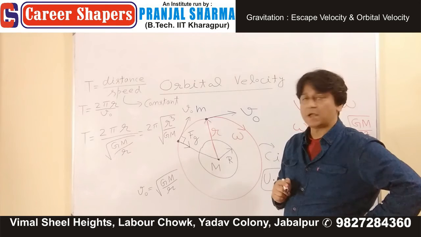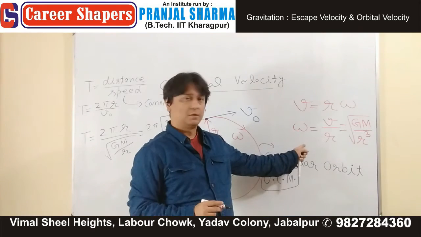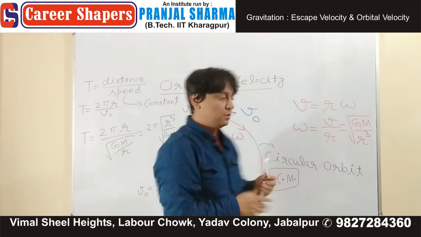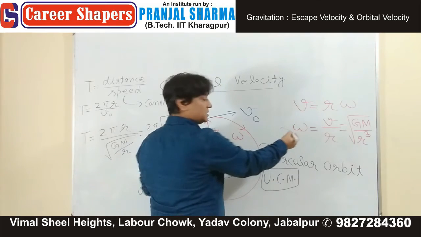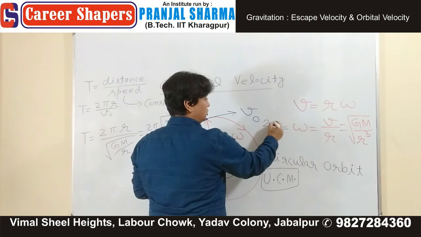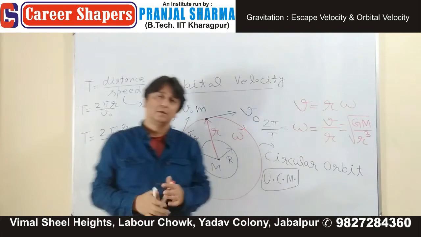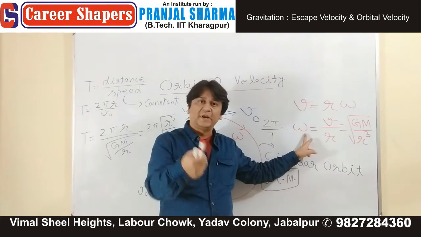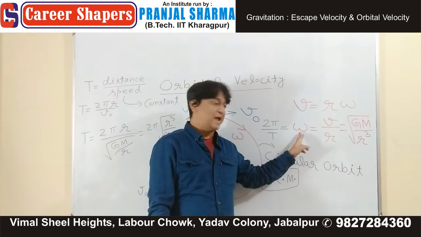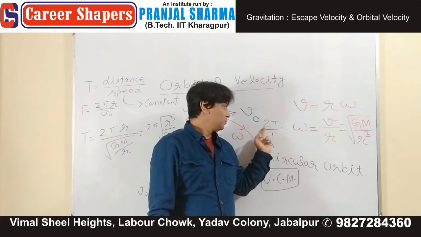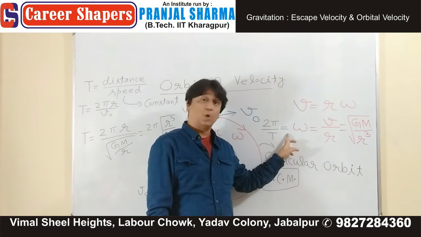r cube divided by GM. But such an expression should be here also, and it should have been. Why? What is omega? Omega is 2 pi divided by T. What is speed? Displacement divided by time. This is angular velocity, which is angular displacement divided by time. Angular velocity is equal to what?